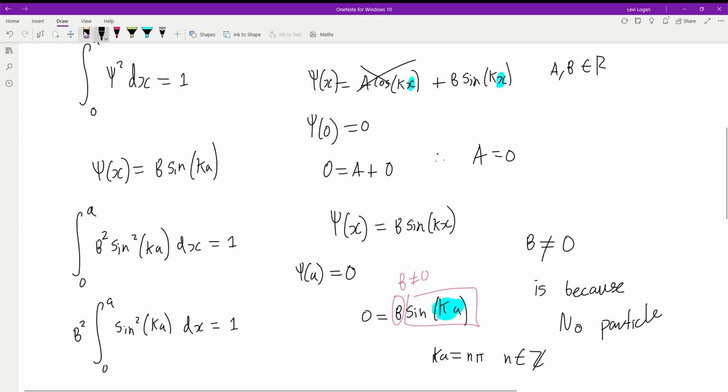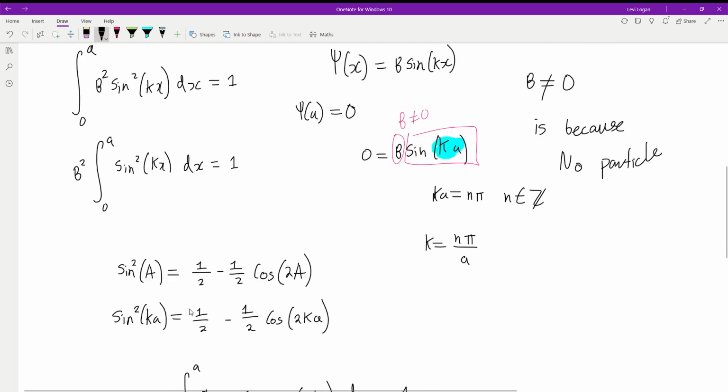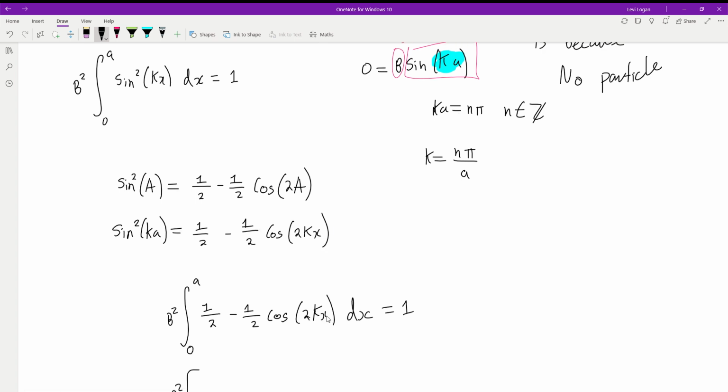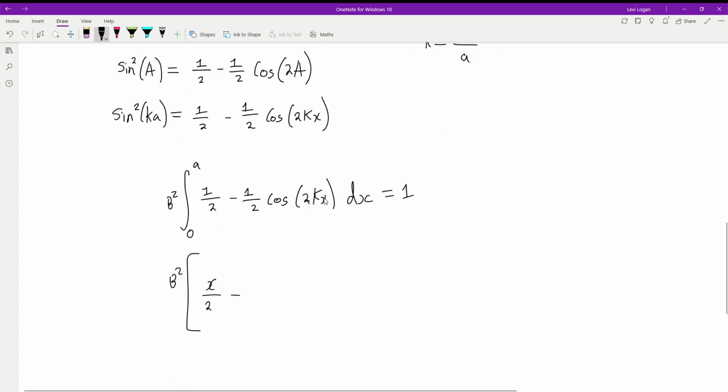Whoops, sorry, I made a mistake up here. I substituted the wrong thing. That's going to be x, that's going to be x, because I was thinking, where's our variable gone? It's x.